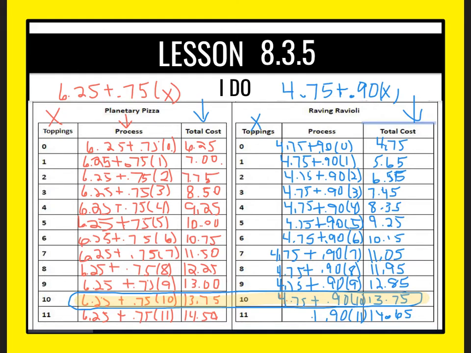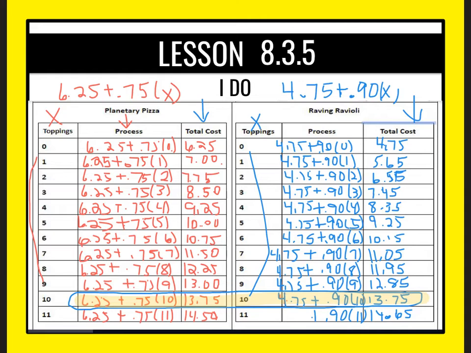However, I do like to compare that Planetary Pizza is really a little more expensive if you think about it, right? It's a little more expensive from 0 toppings to 9 toppings if I compare that to the number of toppings from 0 to 9 here at Raving Ravioli, like 6.25 to 4.75, 7 to 5.65.